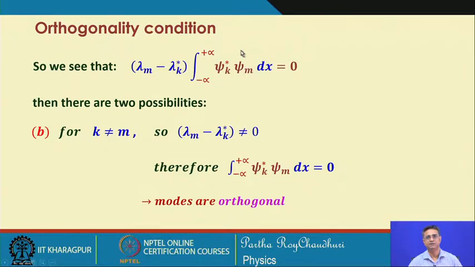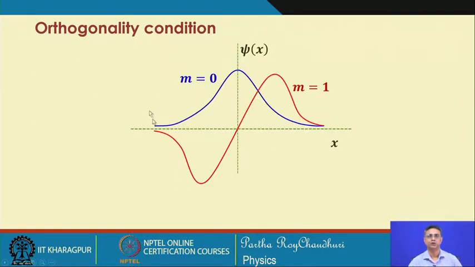This integration being 0 is the orthogonality condition, that the inner product of these two wave functions will always be equal to 0. So, these are two very useful outcomes of the mode properties, of guided modes of waveguides, and that is true for all waveguides.